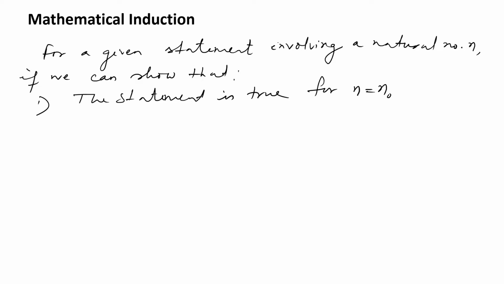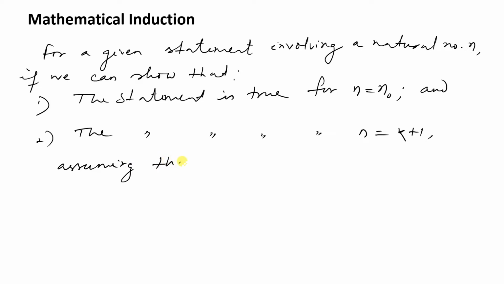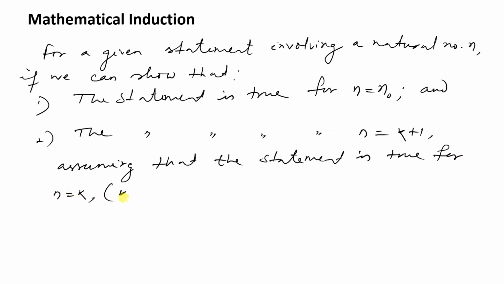So if the statement is true for n is equal to n naught, and second, the statement is true for n is equal to k plus 1, assuming that the statement is true for n is equal to k, where k is greater than or equal to n naught.